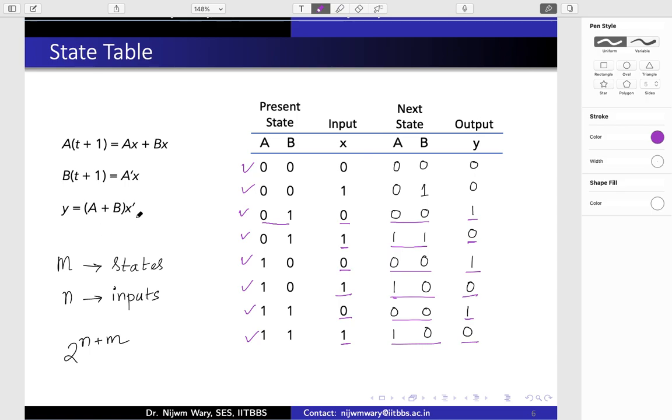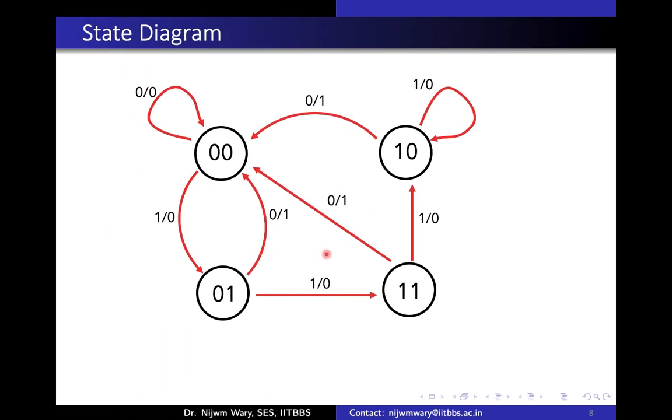Easier than the state equation is the state table, but even easier than the state table is the state diagram.